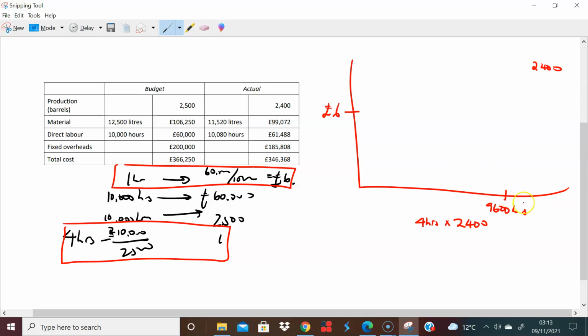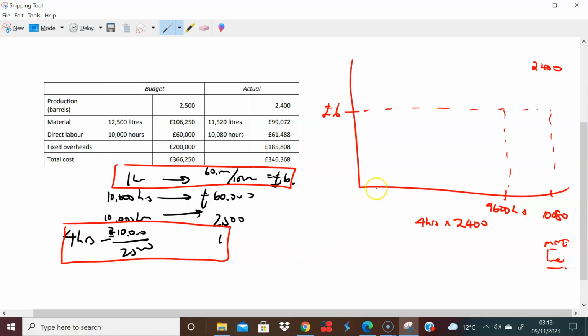And what did you do? You did 10,080 hours. And therefore, what you see is a difference. You have spent more time than you should have, so that's adverse in terms of labor. This is interesting because we begin to see some relationship even with materials.